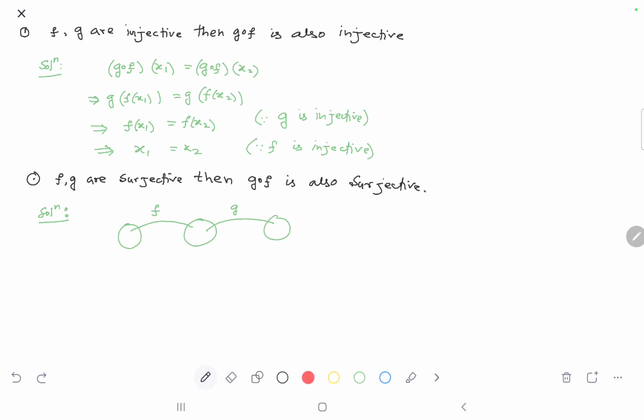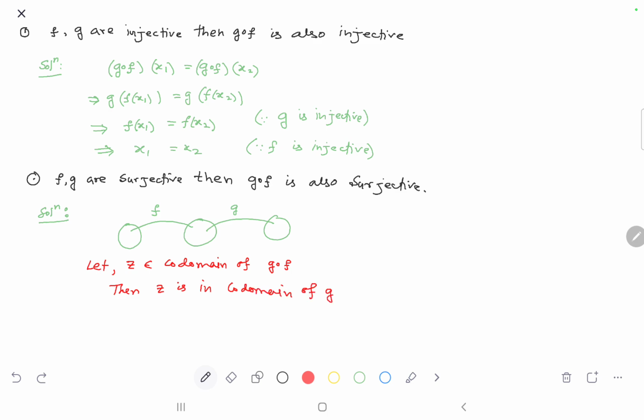So how do we start? Let z belong to the codomain of g composition f. Then z is in the codomain of g.